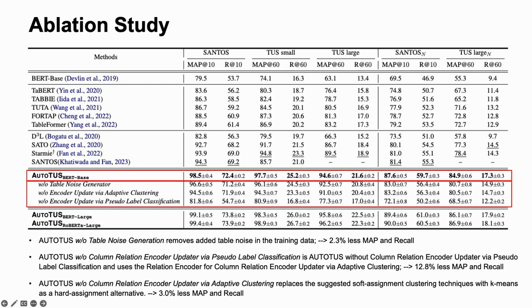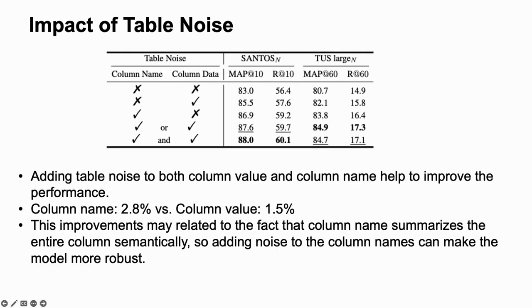The general conclusion from the ablation study results shown in this table is that all 3 modules contribute positively to improving the performance. We also investigated the effect of table noise in column value and column name. We observed that adding table noise to both column value and column name generally helps improve the performance, whereas changing column name has a slightly larger effect.